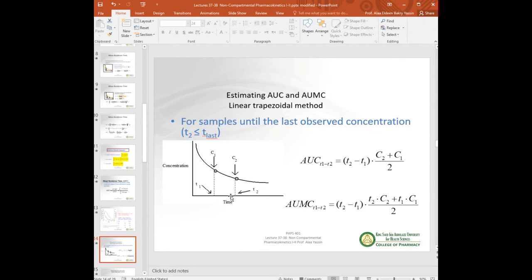And the time is T2 minus T1, because if this is, for example, 6 and this is 4, then 6 minus 4 is 2. So the length of this part is 2 hours or 2 minutes or whatever. So to determine this by the trapezoid, we determine it like this.